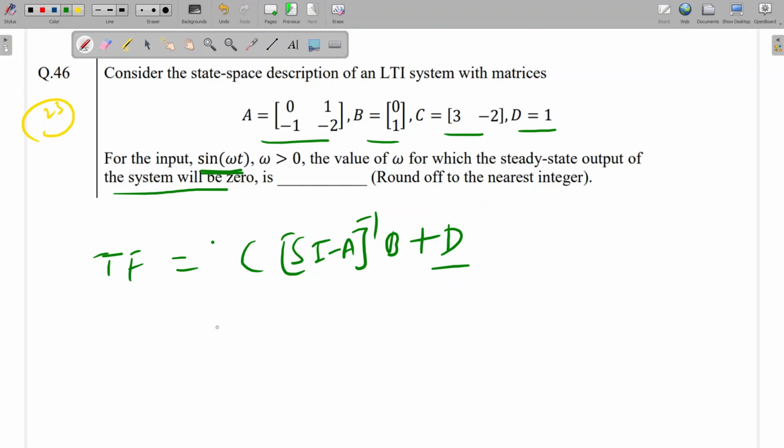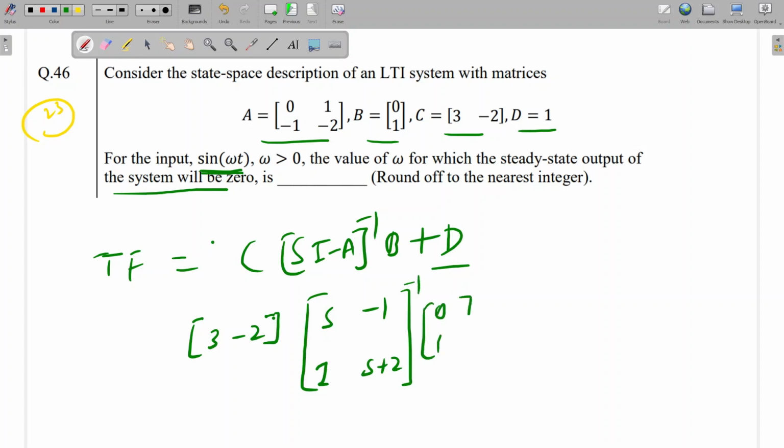So C is 3, minus 2. (sI minus A) inverse. So here it will be s minus 1, 1, s plus 2, inverse, multiplied by B, which is 0, 1, plus D, which is 1. So I'm just doing the inverse here.